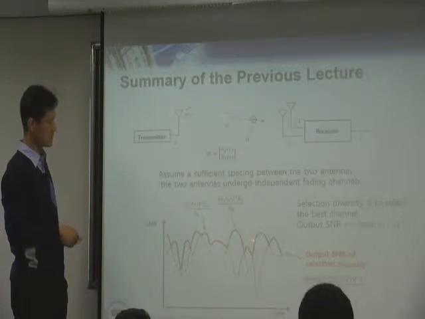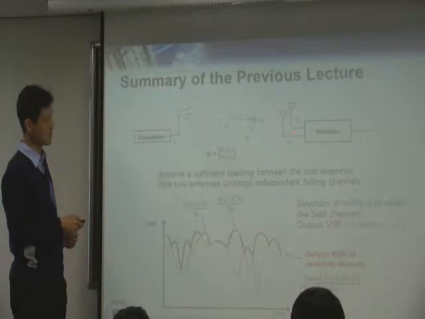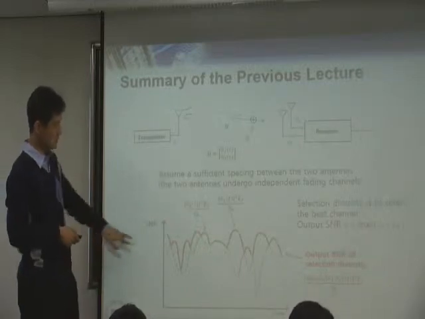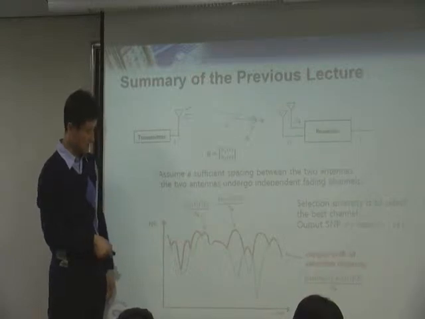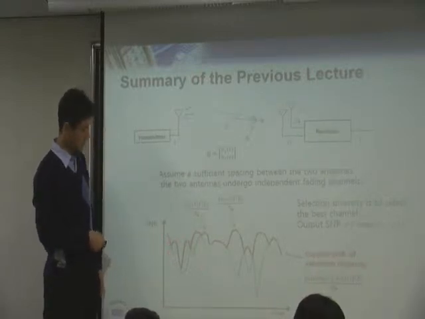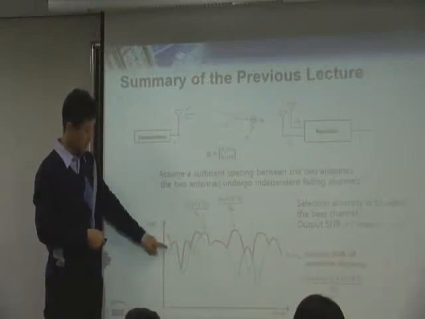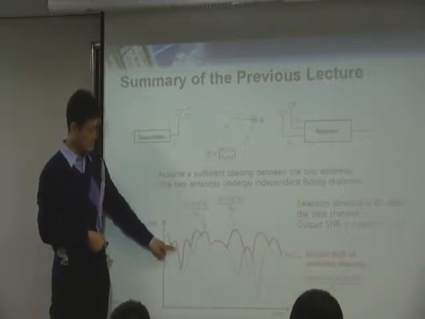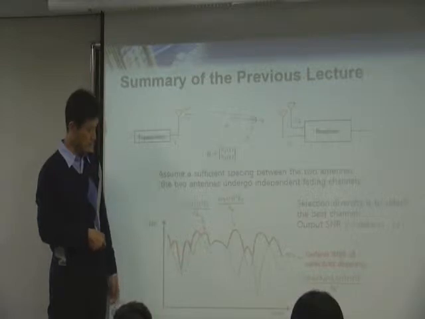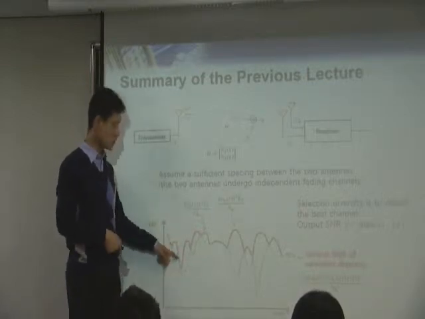This picture basically shows that I want to choose the best one as time goes. At this instant of time, I choose blue because blue is better than green. And as time goes, in this particular case, I choose green because green is better than blue now, right? So you can always choose the better one.